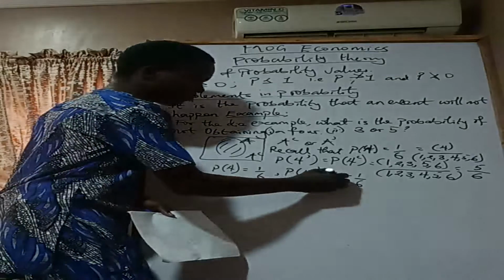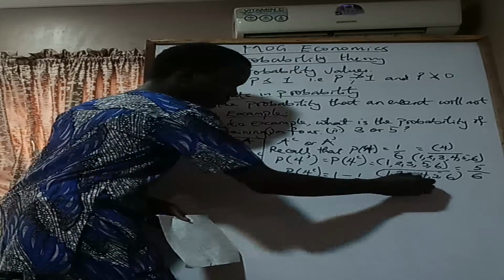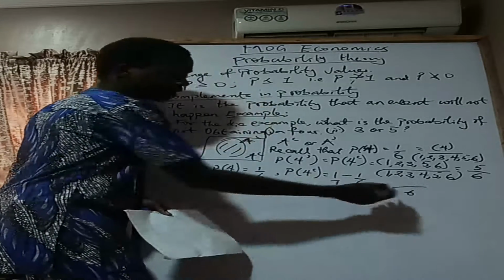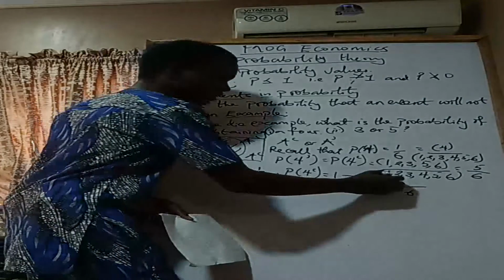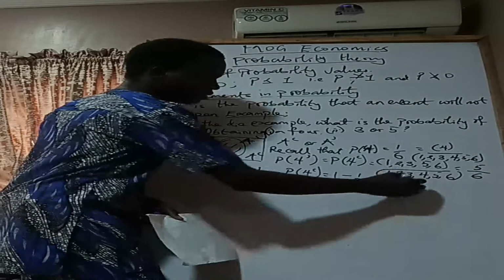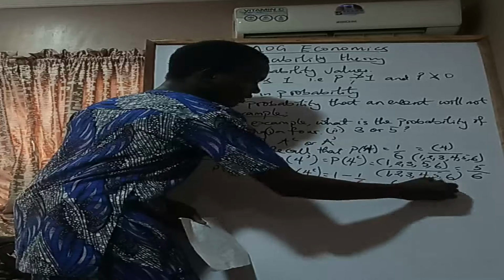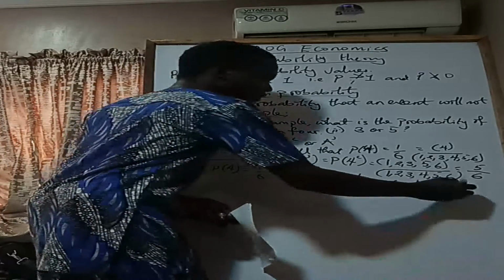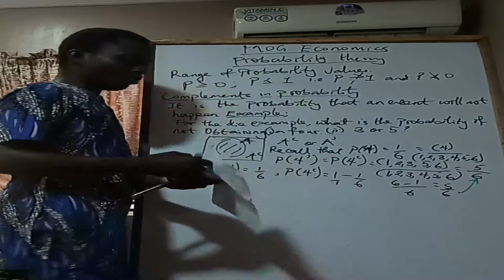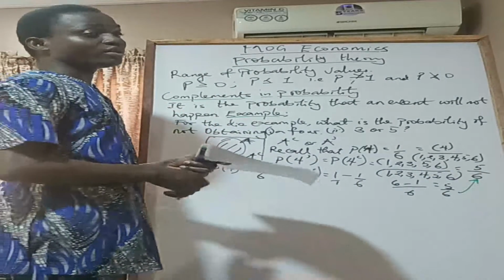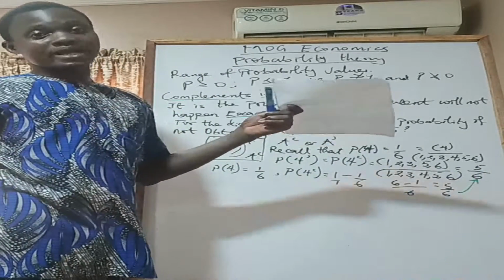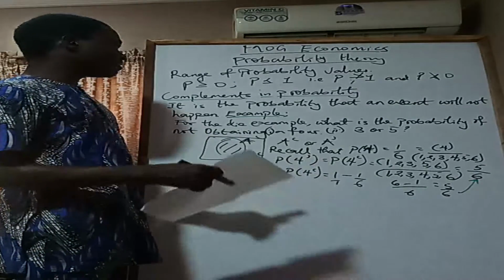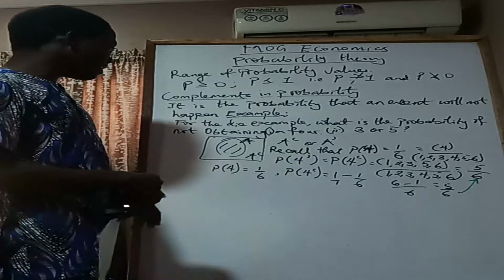By the time you do that, the LCM is 6, 6 times 1 is 6, 6 minus 1, and you have 5 over 6. So the probability of an event not happening is 1 minus the probability of the event happening. Basic, right?